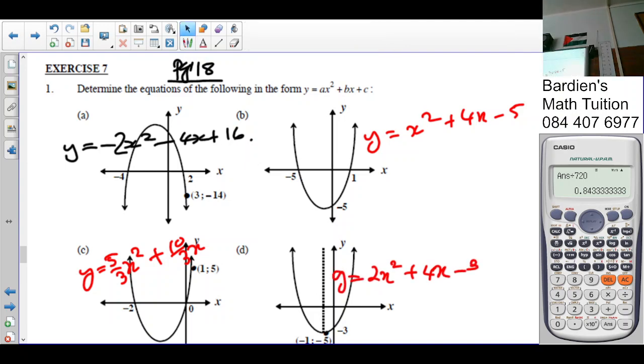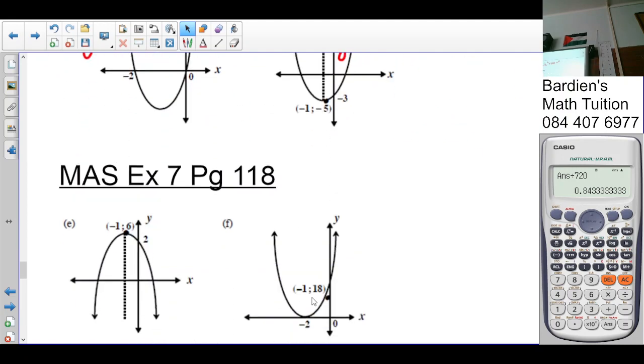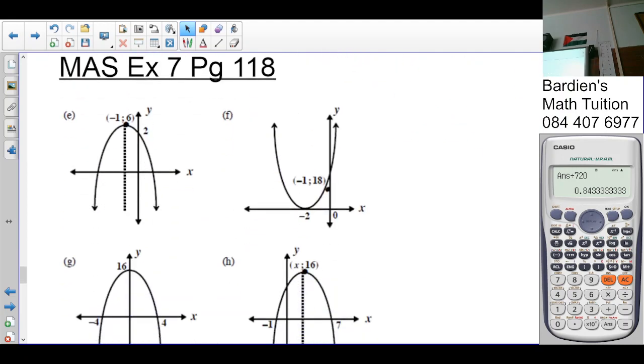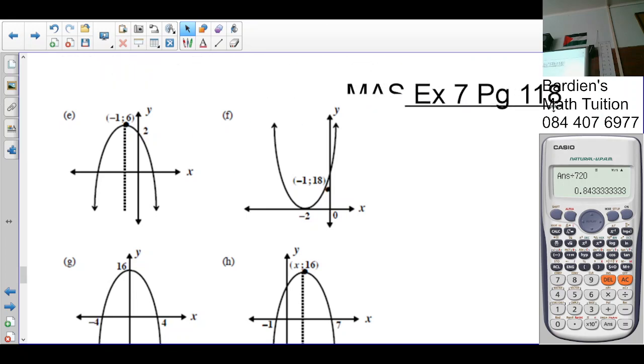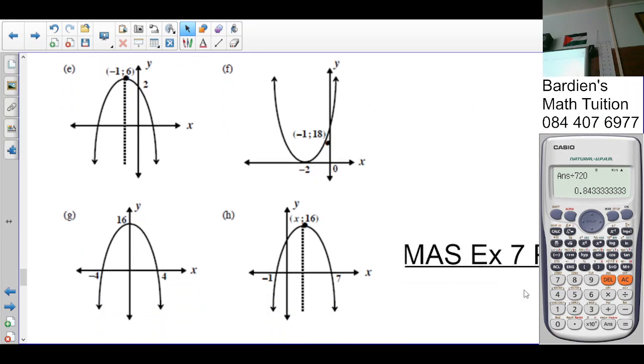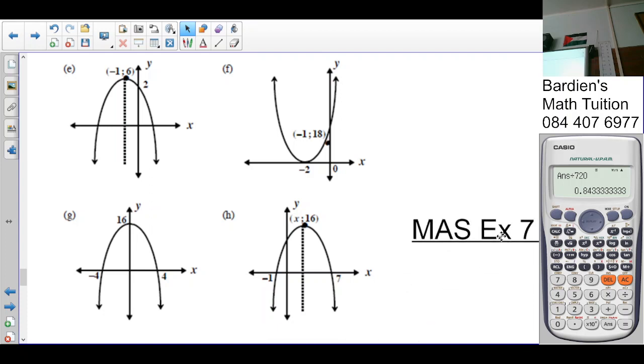Alright. Let's carry on with our lives. Mind Action Series, exercise 7, page 118. Okay. Answer: y is equal to negative 4x squared minus 8x plus 2.